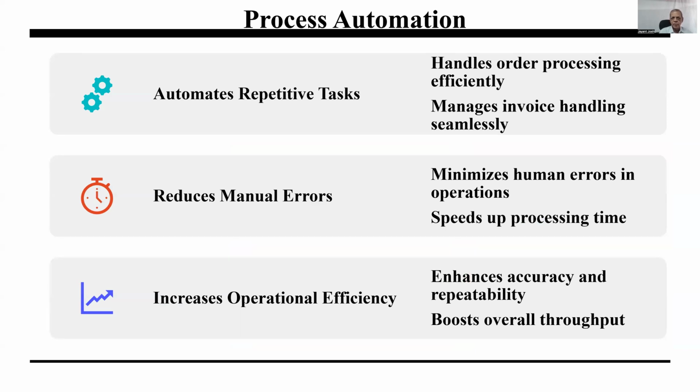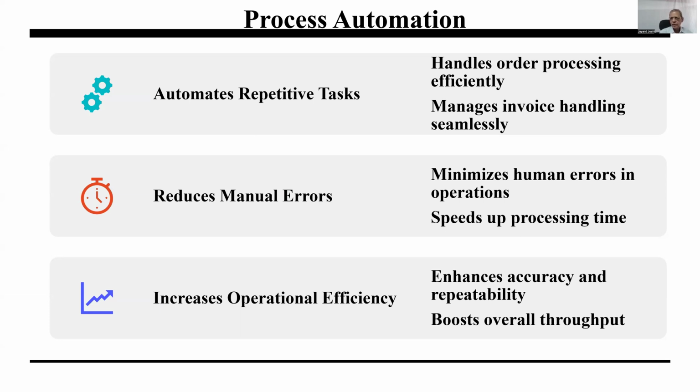The next is process automation. This automates the repetitive tasks. Order processing is a repetitive task. Now customers or patients can put in online orders, which need to be compiled, go to the location-wise requirement, and then get integrated with your sales and operation planning and everything.